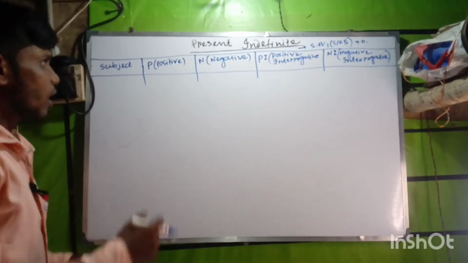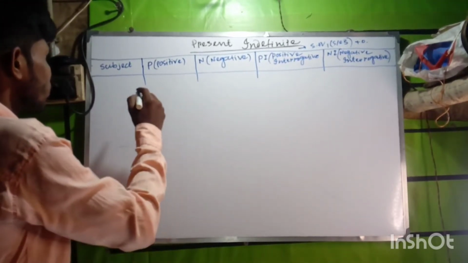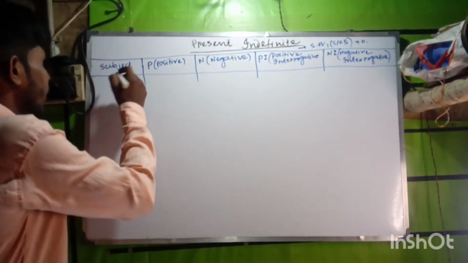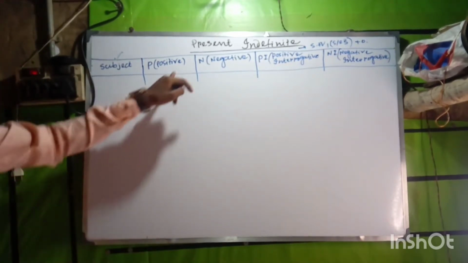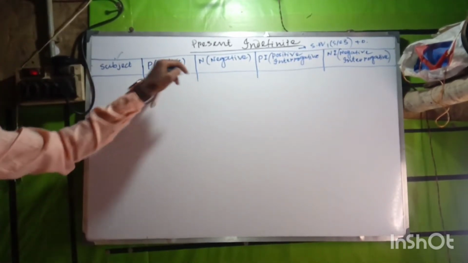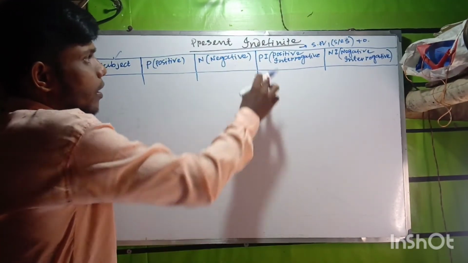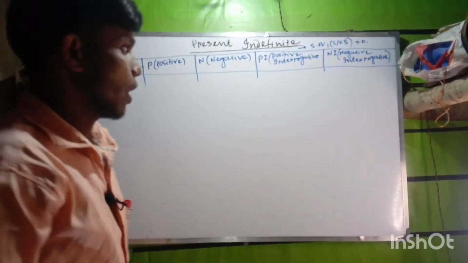Now, today we are going to read this. This is the subject, and this is P for positive or affirmative, N for negative, PI for positive interrogative, and NI for negative interrogative.